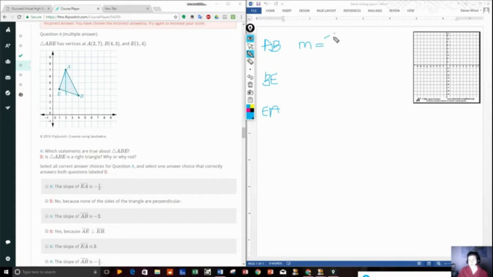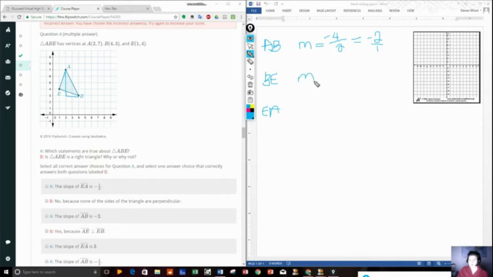And it's negative because I went down. And run is horizontal distance. So 1, 2, and it's positive because I went to the right. So negative 4 divided by 2 reduces down to negative 2. Remember that whole numbers are written as a fraction over 1.